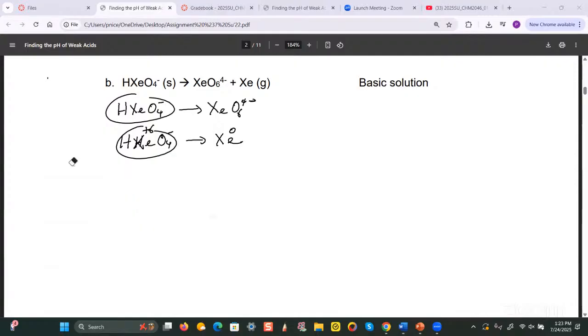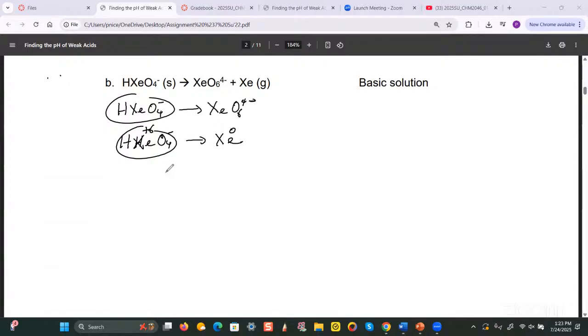Since I've started it off for you, what would you do in the next step? You would make sure that the xenon is balanced, which it is, so we don't need to do much work there. What would be the next step?